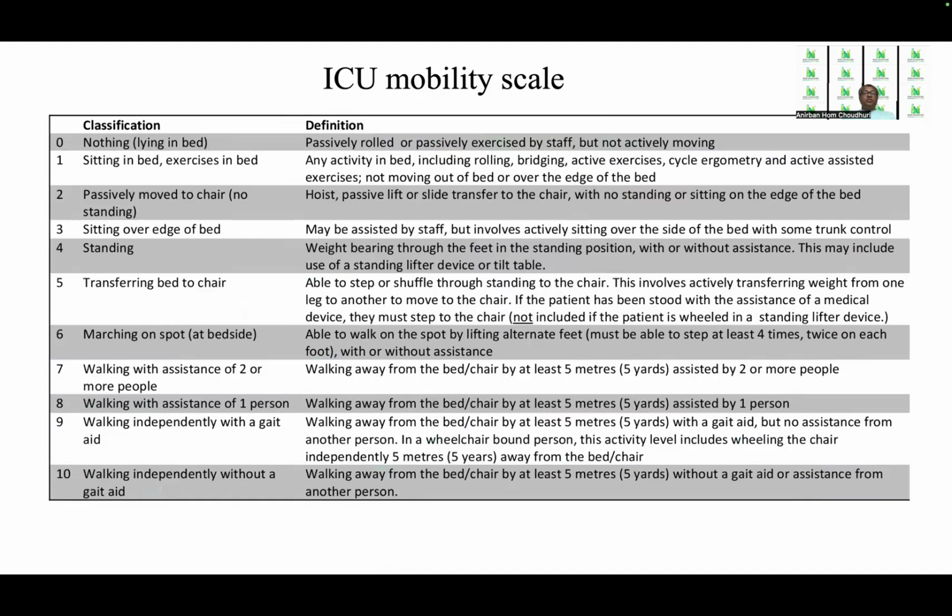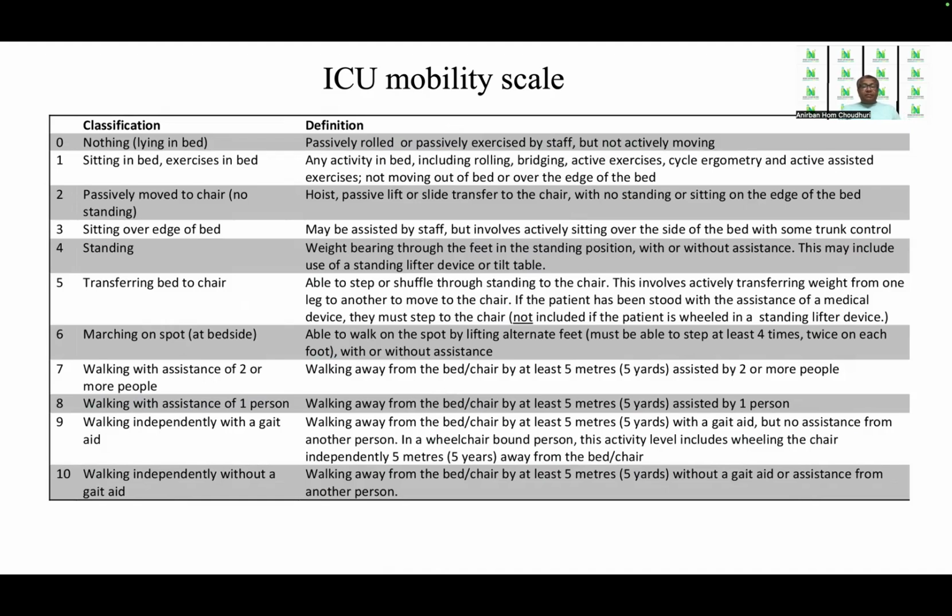So this is the ICU mobility scale, which is often used as a standard or a reference to guide how to go ahead with mobility. In this classification, there are 11 points, 0 to 10. So if we count 0, it becomes 11.